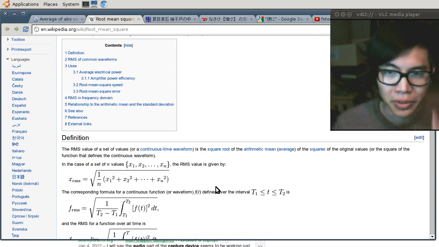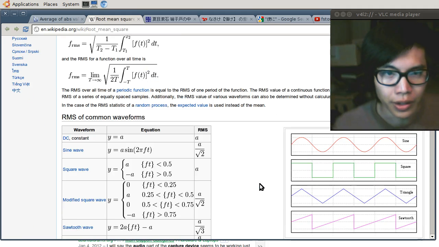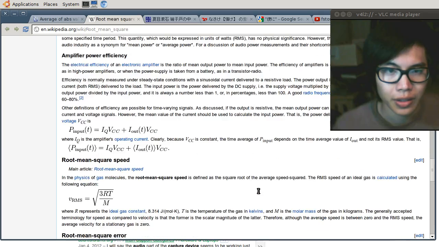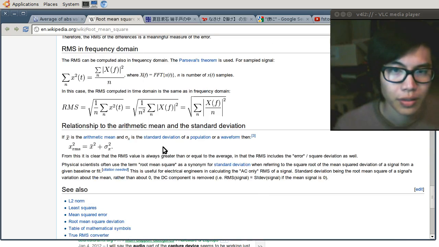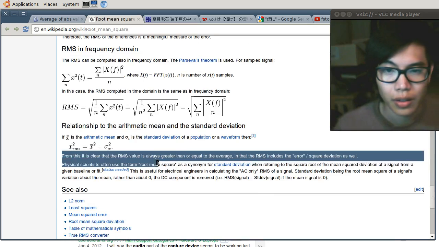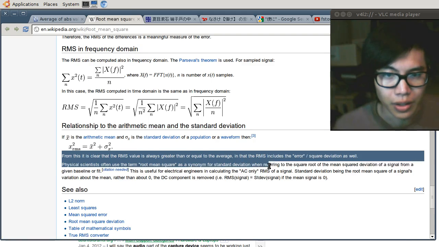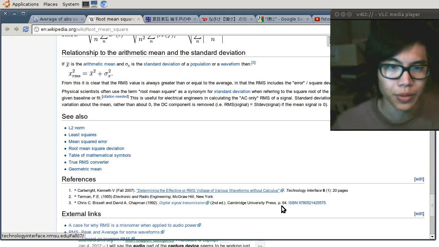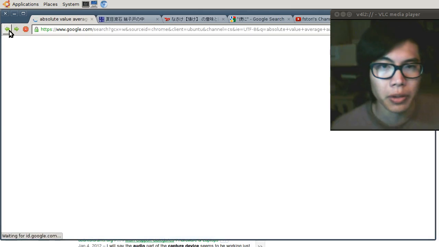And it's surprising how many times it happens on the internet. But look at this. They talk about RMS, and they don't talk about absolute. Nope, not found. Okay, maybe there'll be one more.